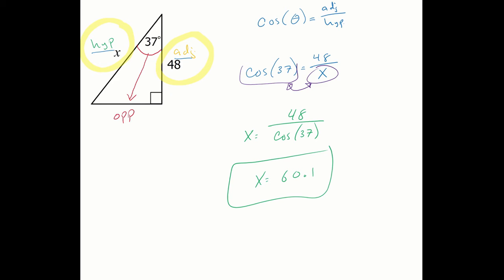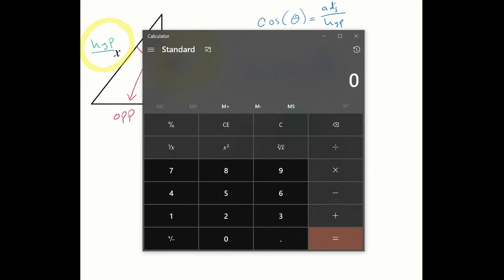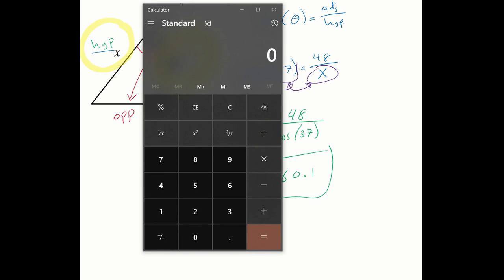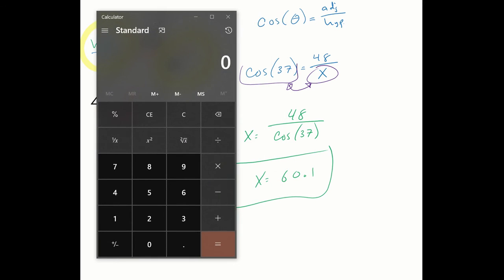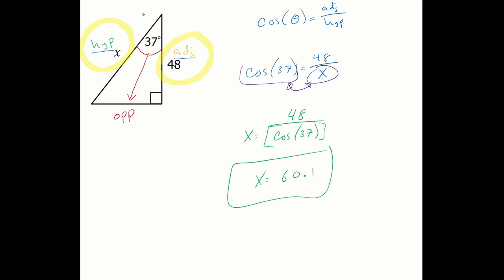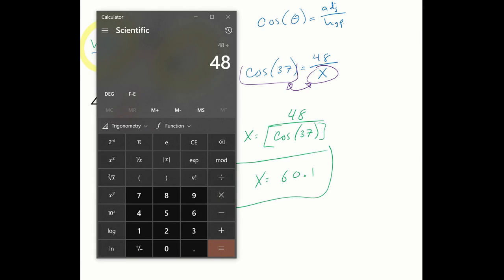That's my answer. Now, again, if we did not have our decimals calculator, we can always use the calculator that's provided in the computer. We have to make sure that we are in scientific mode. And remember, this one works a little bit backwards, right? So here we put 48 divided by, and now we have to put this whole bottom thing in parentheses if we're going to use the calculator from the computer.